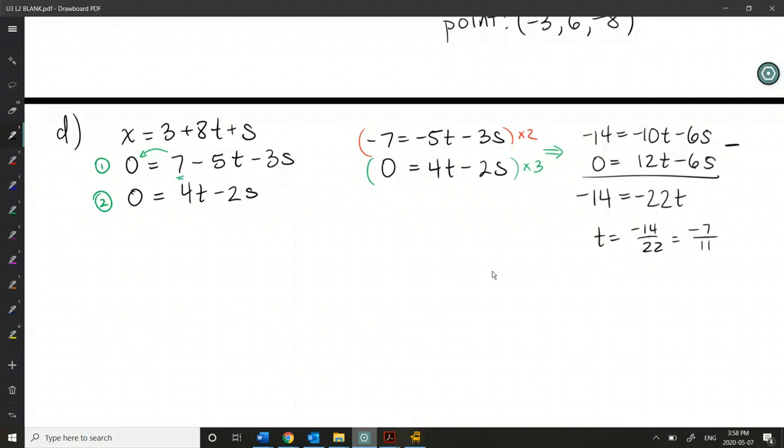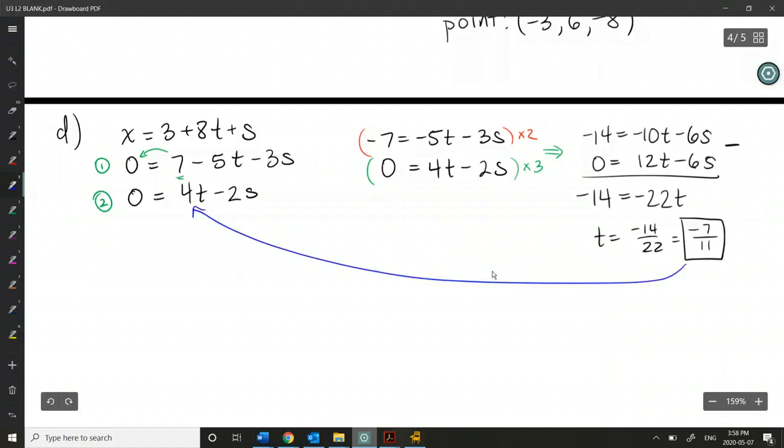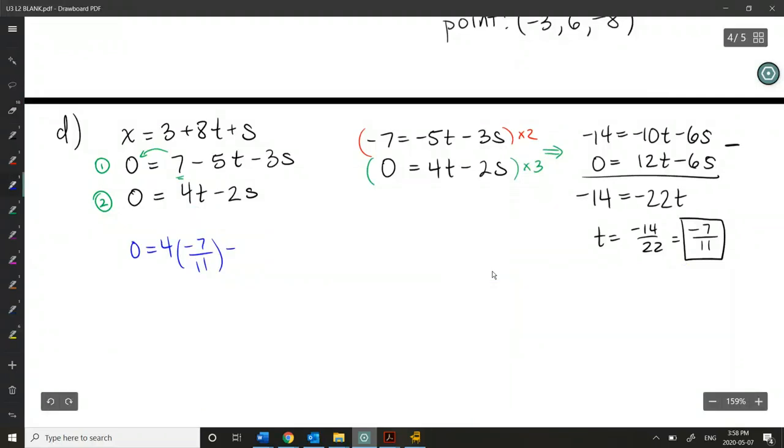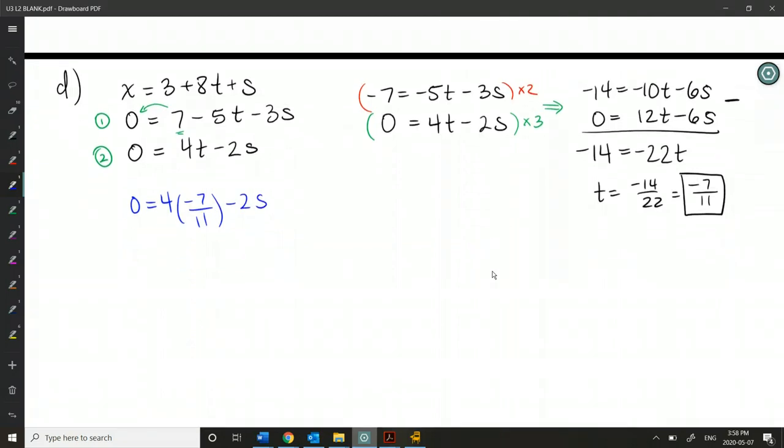Okay, we're going to sub that back into one of our two original equations in order to find s. So let's say we sub it back in here. So 0 equals 4 times negative 7 over 11 minus 2s. And we're simply going to solve for s here. So multiply in your 4.